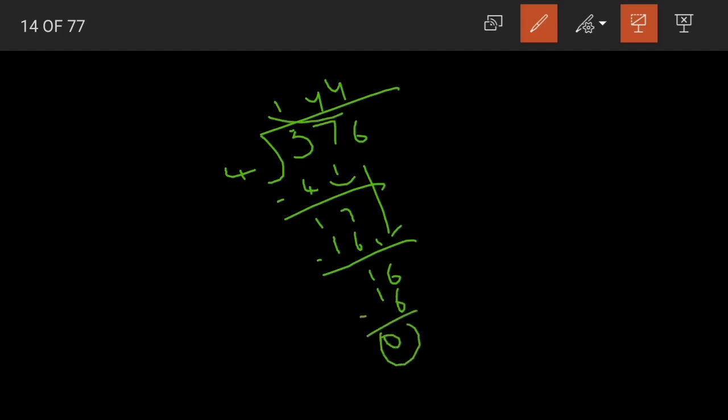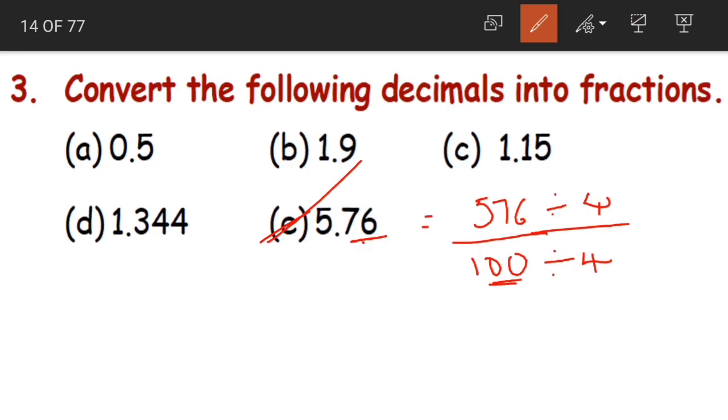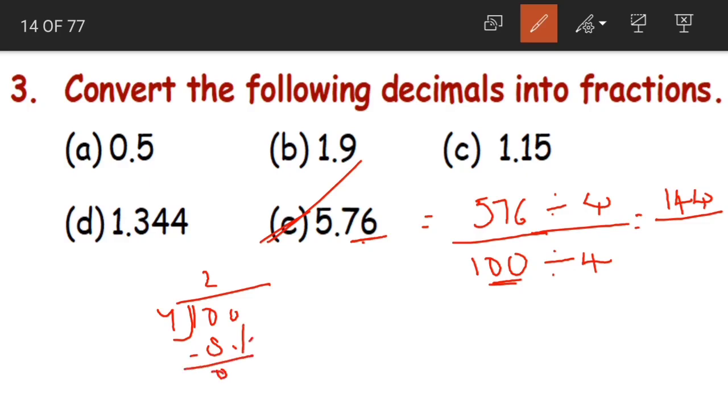So what is the answer here? 144. So 576 divided by 4 is 144. Then 100 divided by 4. 4 2s are 8, 0, 2, 0 brought down, 4 5s are 20. The remainder is 0. 100 divided by 4 is 25.